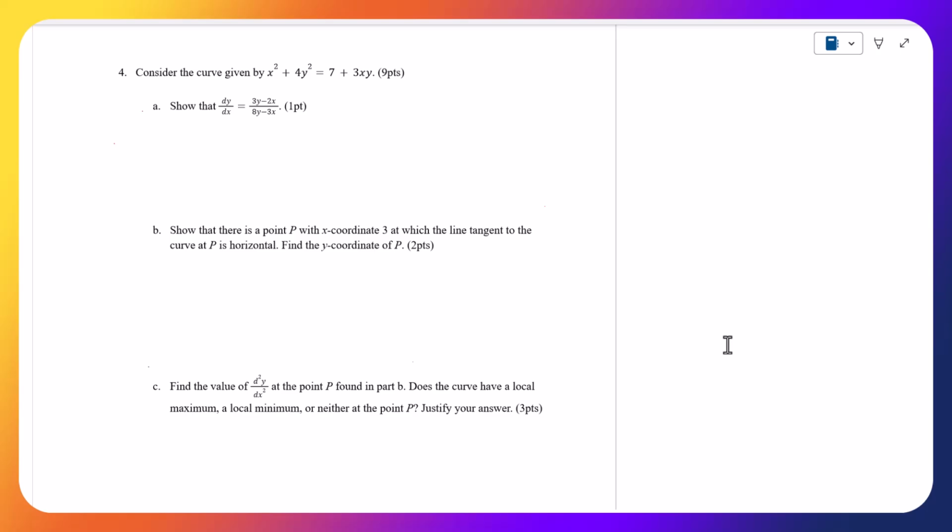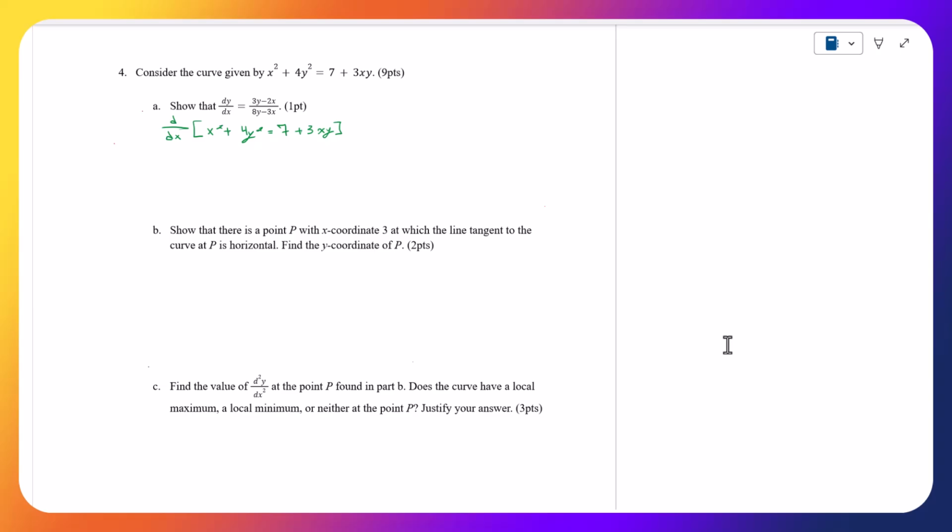So let's just take our original curve and differentiate it with respect to x. d over dx of x squared plus 4y squared equals 7 plus 3xy. All right, derivative of x squared with respect to x, that's just 2x.